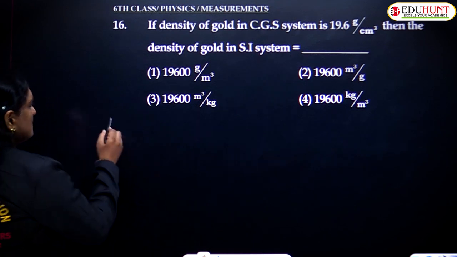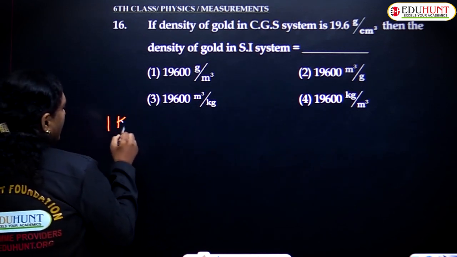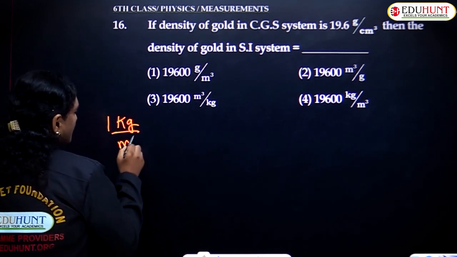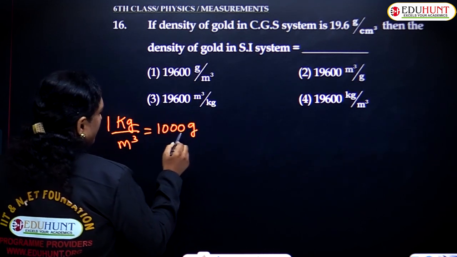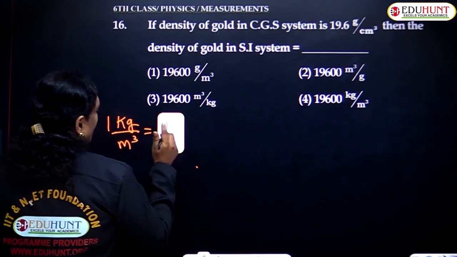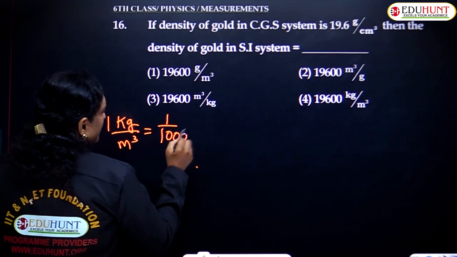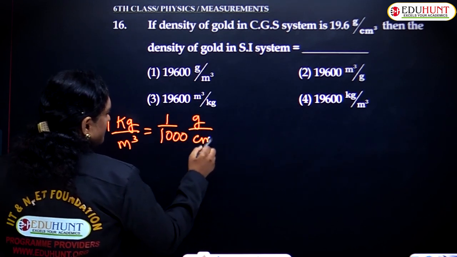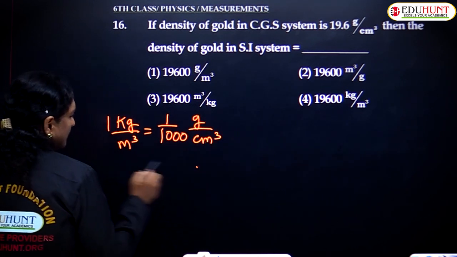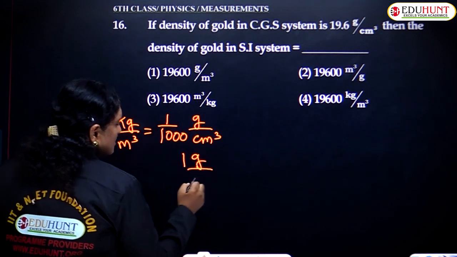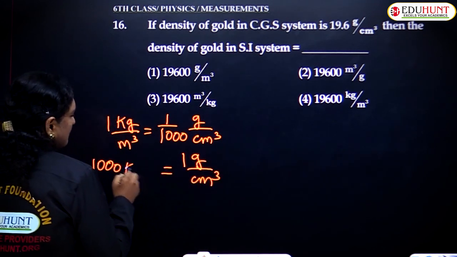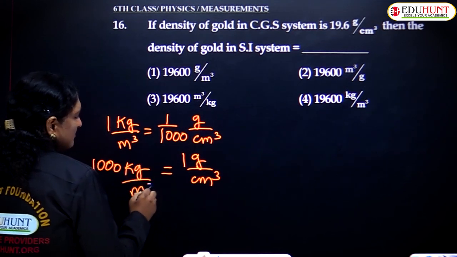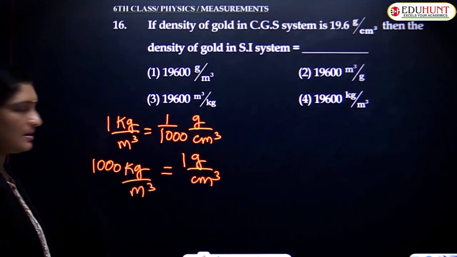So just recall: 1 kg per meter cube is equal to 1 by 1000 gram per centimeter cube, whereas 1 gram per centimeter cube is equal to 1000 kg per meter cube. This was what we discussed in the previous application.